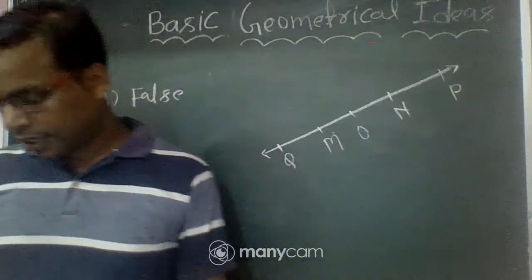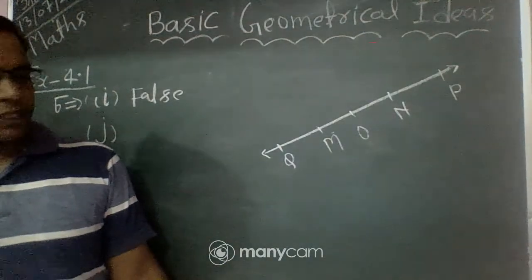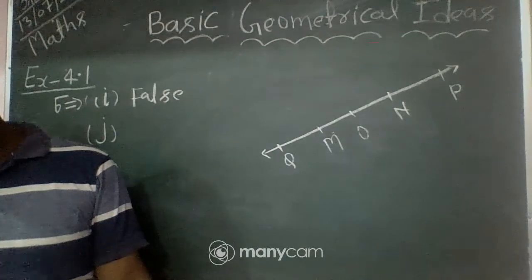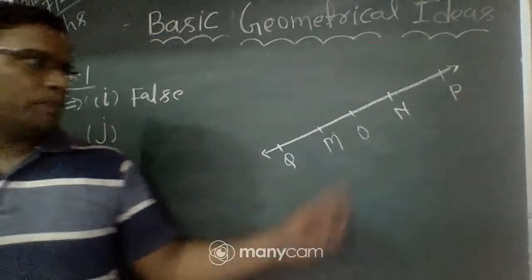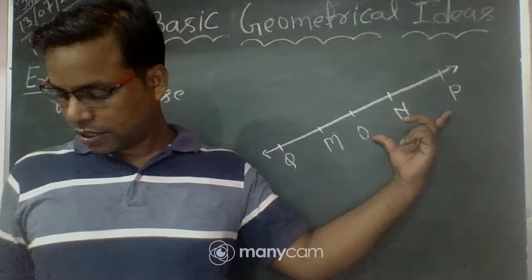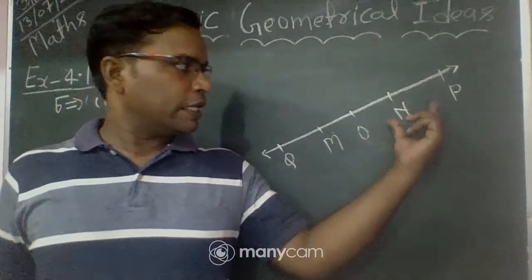Okay, and the next statement, J statement: O is not an initial point of ray OP. You can see this is ray OP. So N is the initial point.